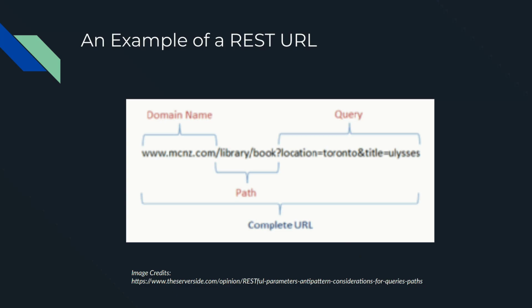I'm going to add two key value pairs, location Toronto and title Ulysses. And using this, I'm going to fetch all the books that are in Toronto having the title Ulysses. Over here, you can see that when I have multiple key value pairs, the query parameters are separated by the ampersand symbol. So this is a basic introduction to REST URL.